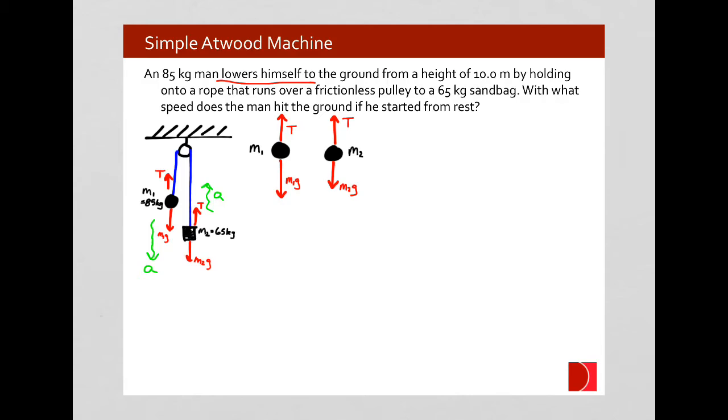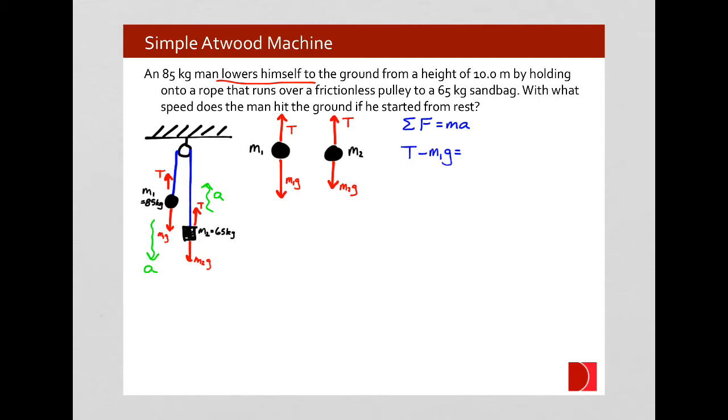So we can now write our Newton's second law equations. In each case, we're only moving up and down. There's only a y direction. In the case of the man, our forces are: we have a tension that's upward, we have a weight of the man that's downwards, and our acceleration is downwards.